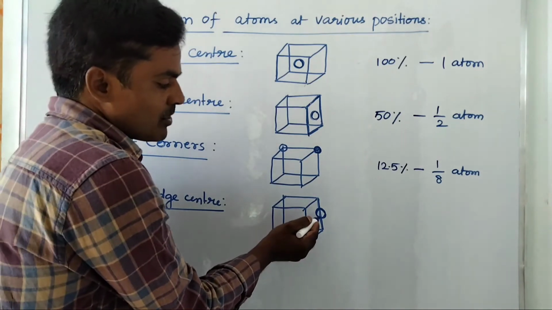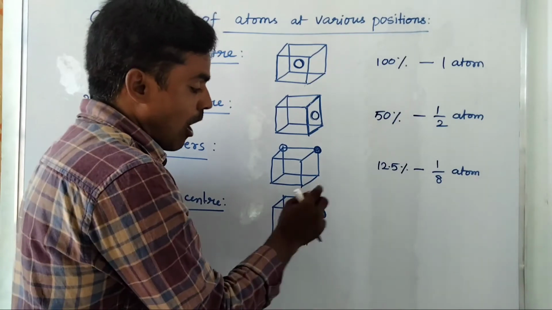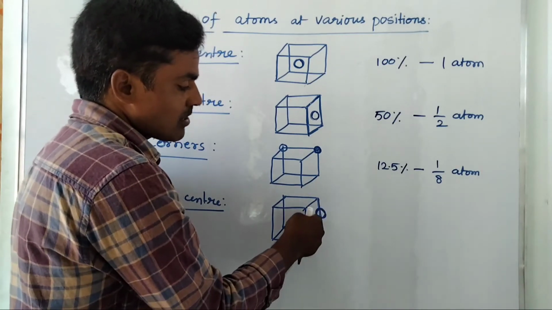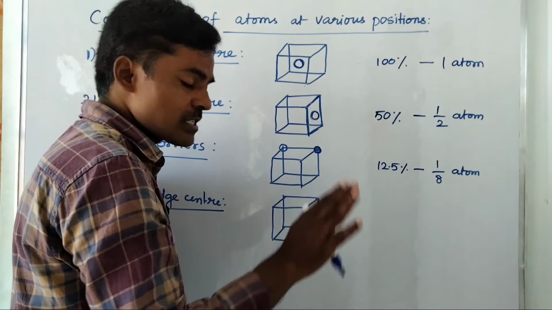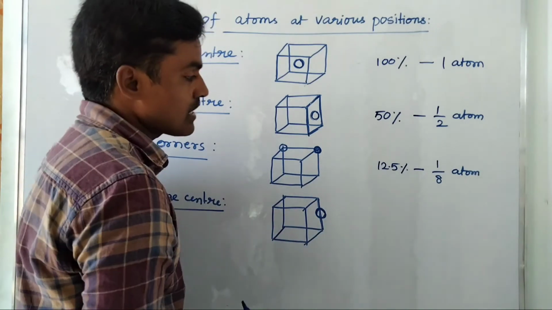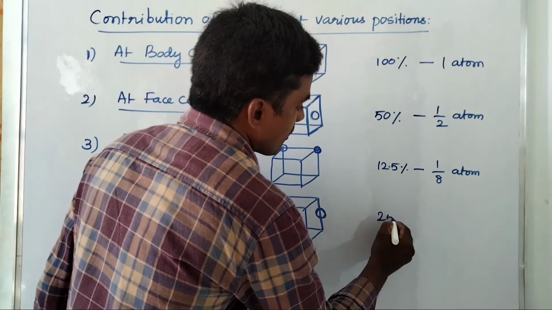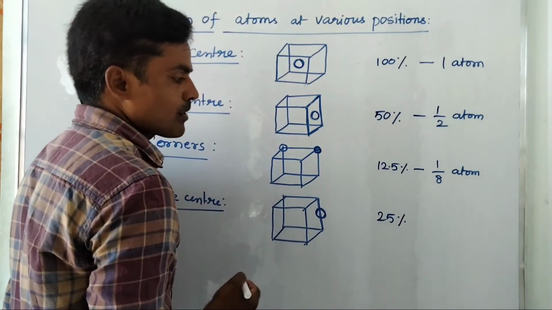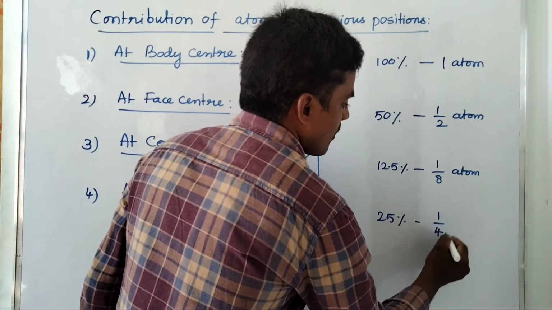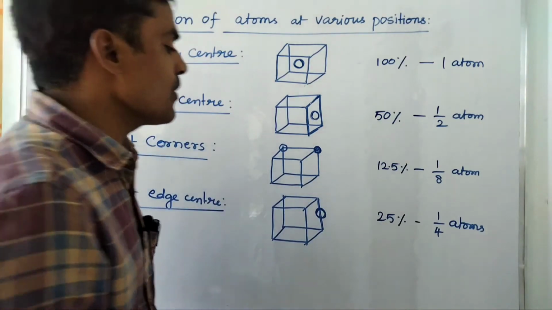This atom is shared with 4 unit cells. Hence its contribution per unit cell is 25 percent, that means 1 by 4 atom per unit cell.